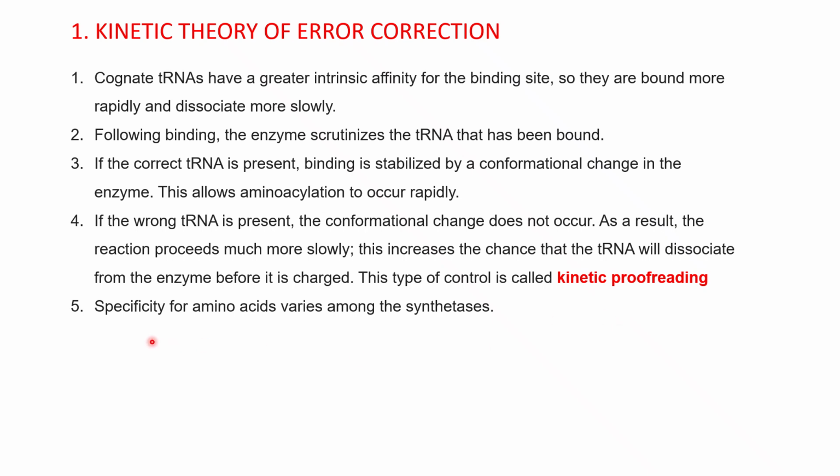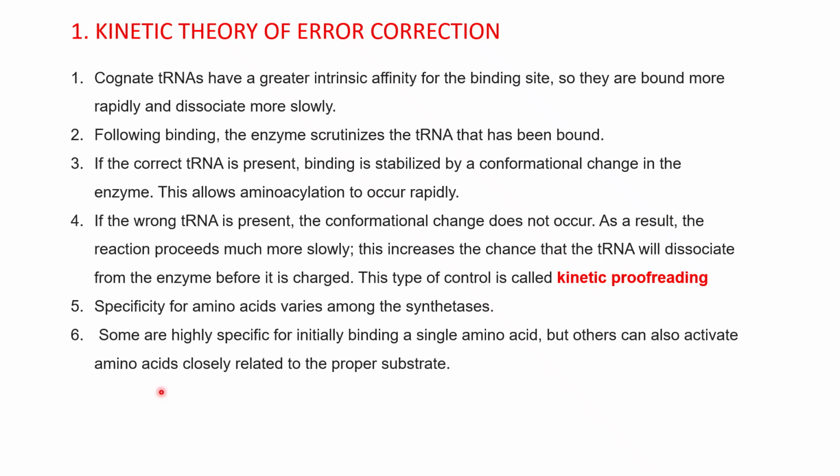Now, one more thing is also needed to be considered in this respect. The specificity of the amino acid varies in the synthetases. That means synthetases vary in their specificity for the amino acid. If similar looking amino acids are there, it is possible that a synthetase can bind such an amino acid and may wrongly activate it.